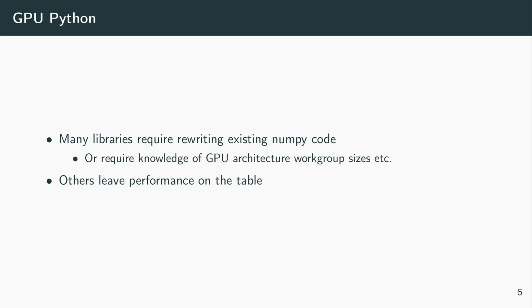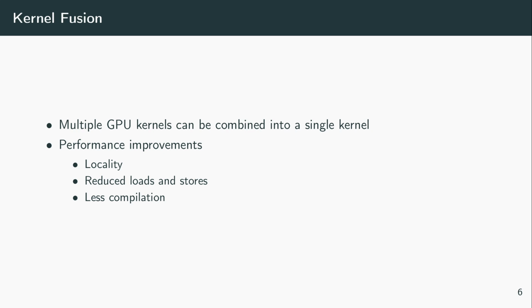So many of these libraries require rewriting existing NumPy code, or they require knowledge of GPU architecture, such as the workgroup size, number of CUDA threads, things like that. Other, more drop-in libraries don't perform as well as they could. And part of the reason for this is that they do not have support for automatic kernel fusion.